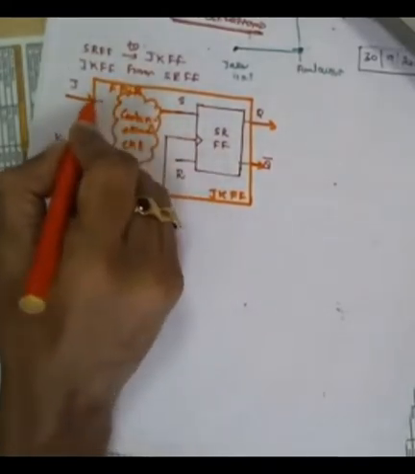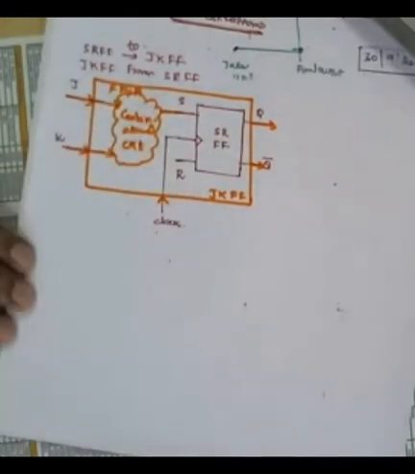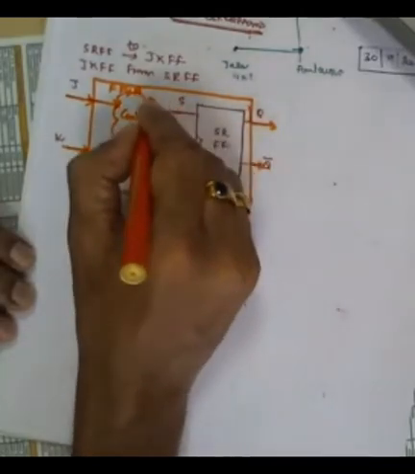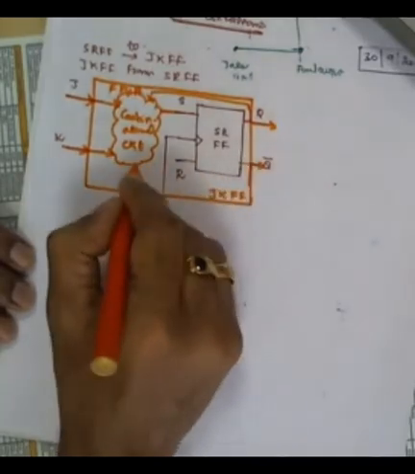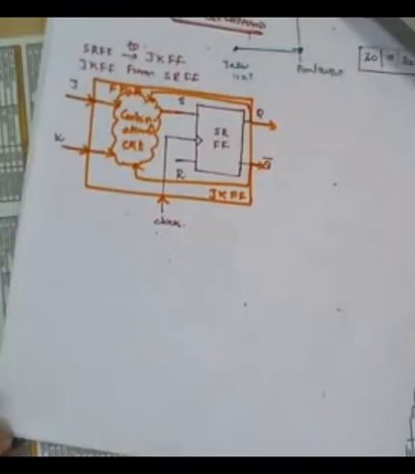This circuit takes the input of J and K. Also, it may take the present Q, or Q dash, right?